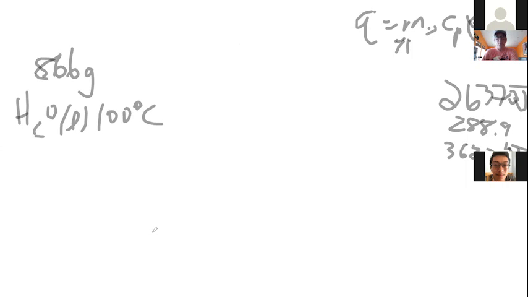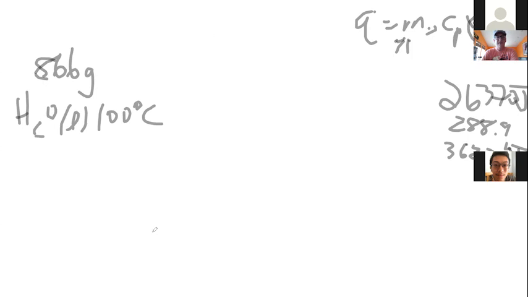I want to wind up with gaseous water at 146. So now that I have my liquid water at 100, what do I have to do with it? Need to increase its temperature to 146? Nope. In order to get liquid water at 146 degrees, I would need to increase the pressure. But this is all being done at 1 atmosphere.